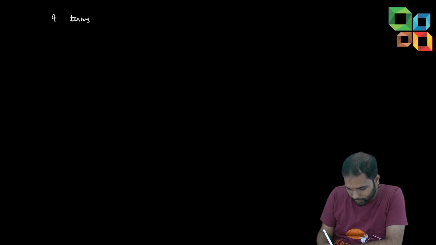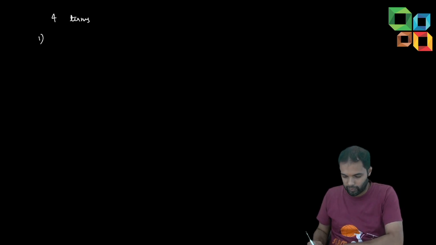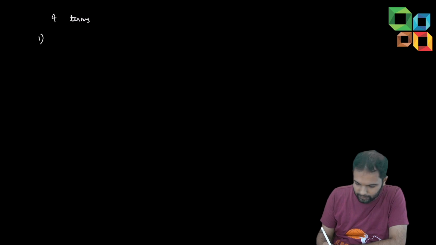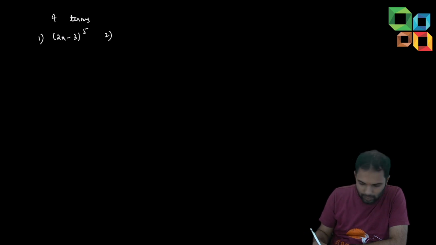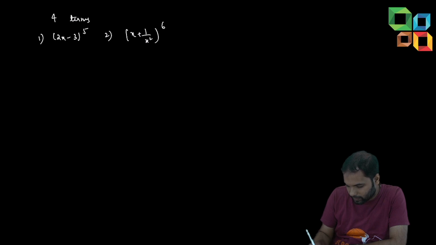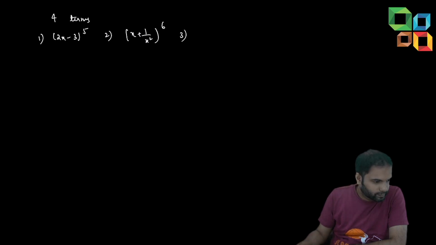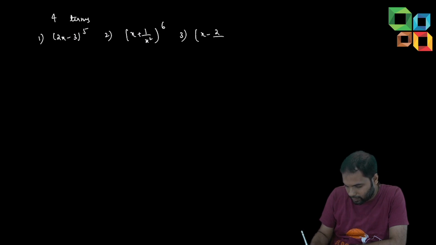Find the first 4 terms. That's enough. We'll give you: find the first 4 terms of, say, (2x minus 3) whole power 5, (x plus 1 by x square) whole power 6, and (x minus 2 by x) whole power n.